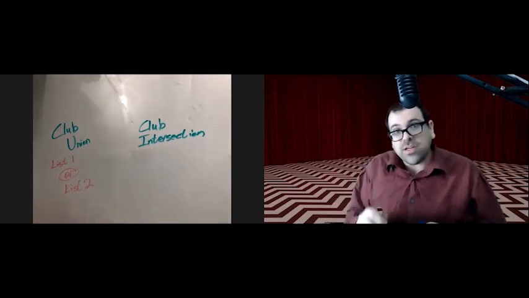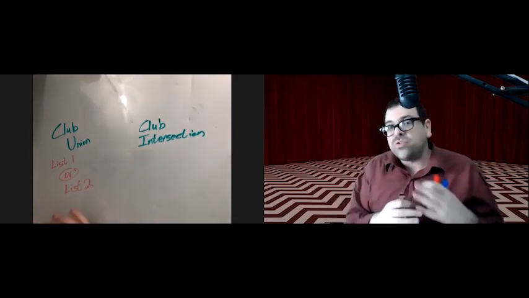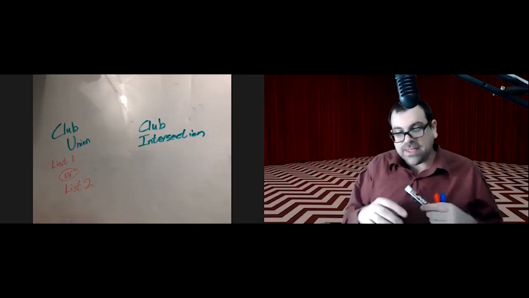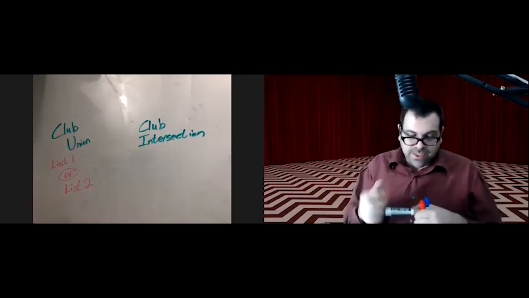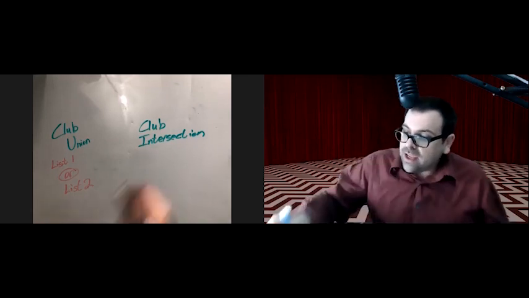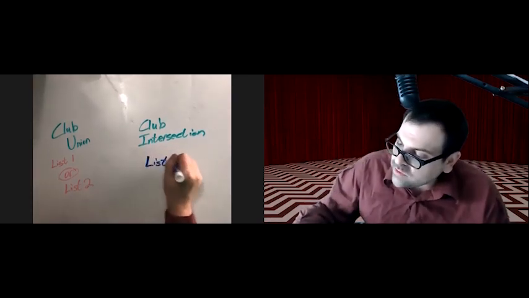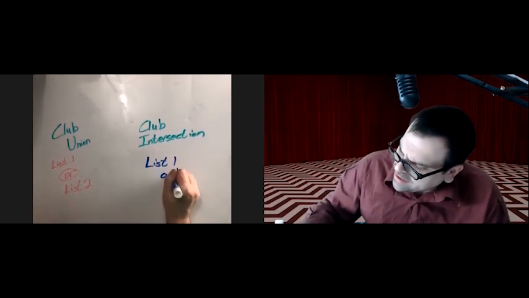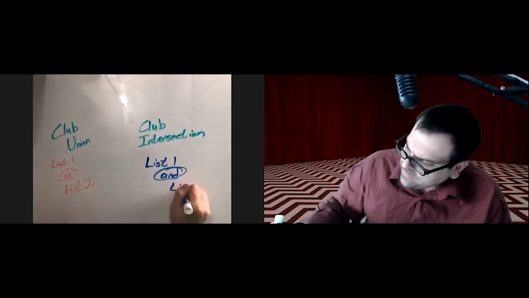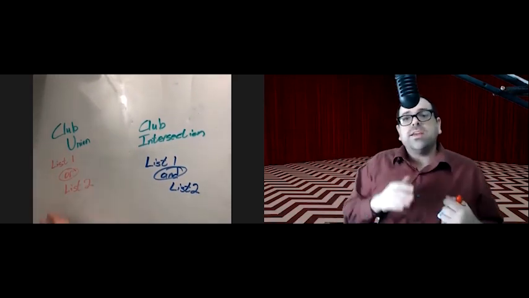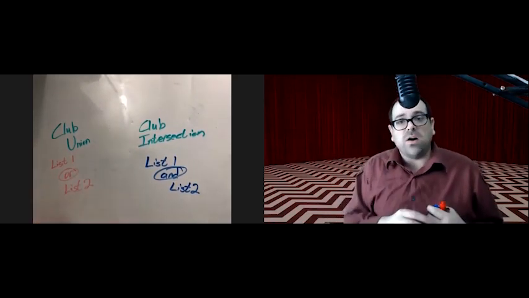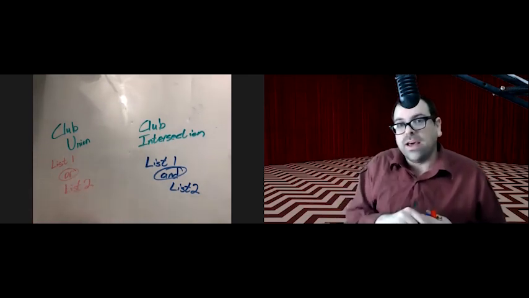Club Intersection is a lot more restrictive, okay? It doesn't let as many people in as Club Union. Club Intersection, you get in if you are on list 1 and list 2. So 2 lists at the door. Club Union, to get through the door, you just need to be on one list or the other.